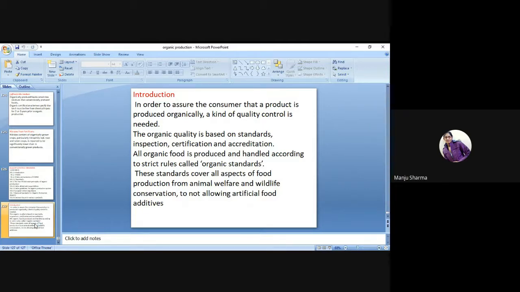the organic quality is based on the standard, inspection, certification and accreditation. So all organic food which is produced and handled according to a strict rule, that is called organic standard.